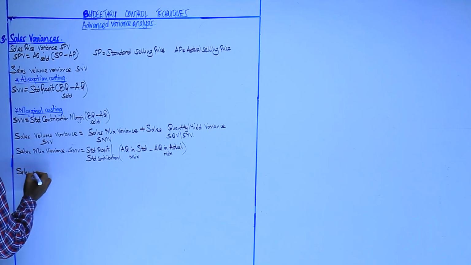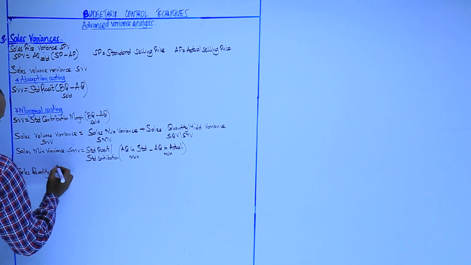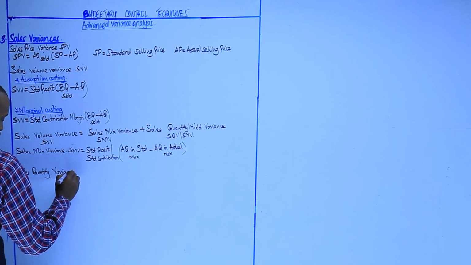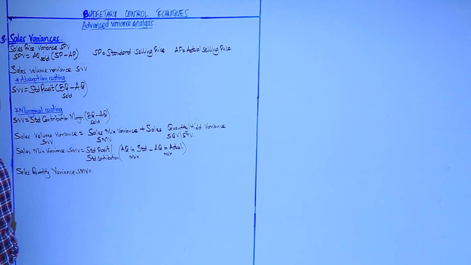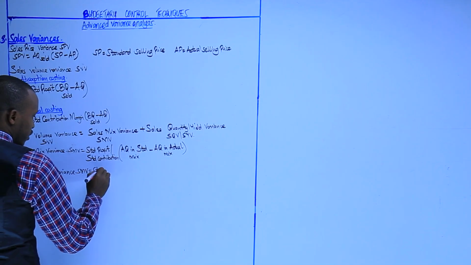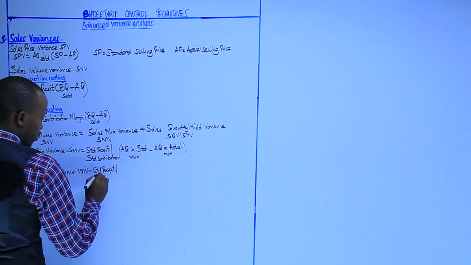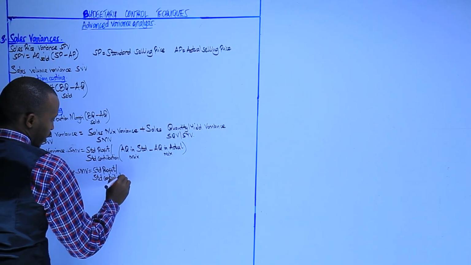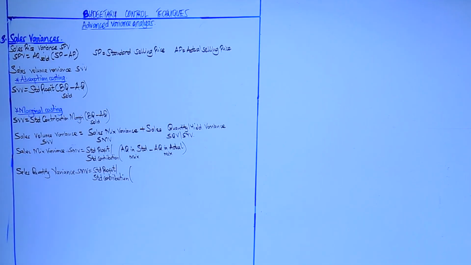Sales quantity variance, SMV, again depending on whether you're using marginal or absorption, you will either have to use your profit or your contribution.